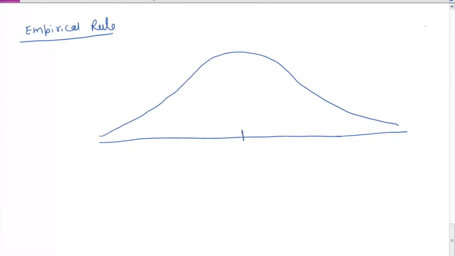So in the middle you have the average x bar, and as you go towards the right or left, suppose this is x bar plus 1 standard deviation, x bar plus 2 standard deviation, x bar plus 3, and the same thing on the other side. So obviously it will be minus.